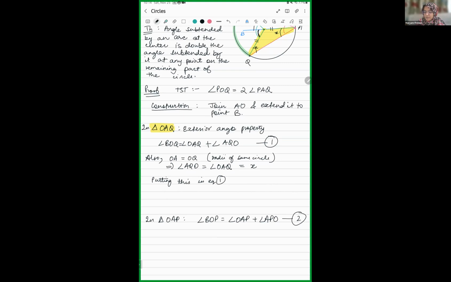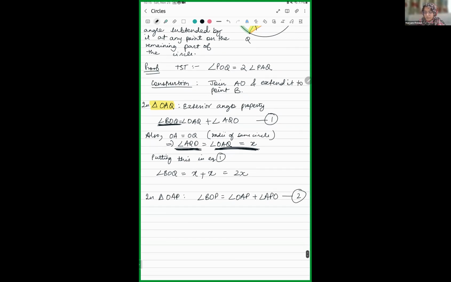So equation 1 becomes, what is equation 1? Angle BOQ is equal to angle OAQ. What is OAQ? We have said it is equal to X. So X plus angle AQO. This is also equal to X, right? Because they are both equal. So this is equal to 2X. Fine.